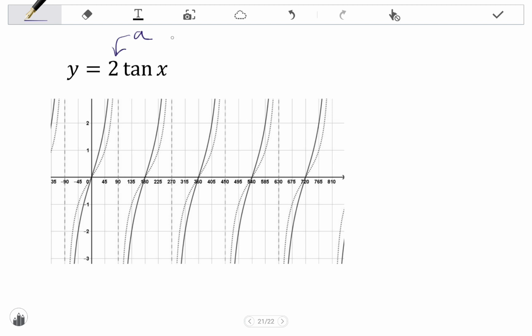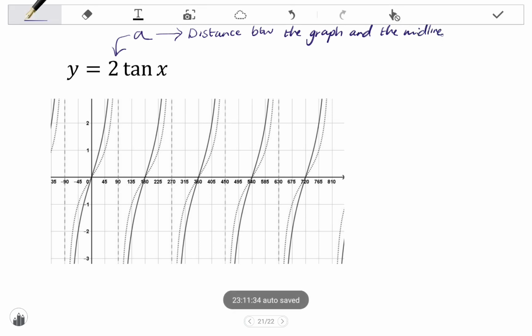So remember that for the tan graph, the a represents the distance between the graph and the midline, which is the x-axis if the graph has not been shifted vertically, at x equals 45 degrees.